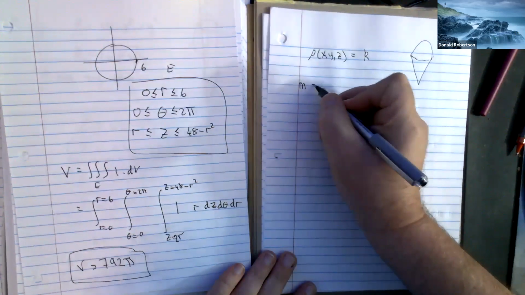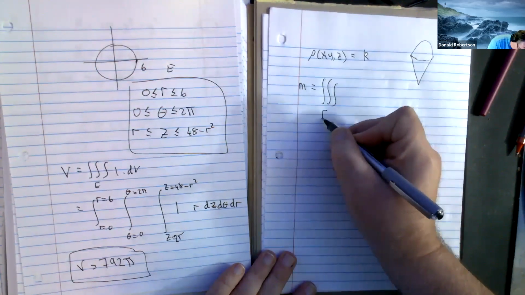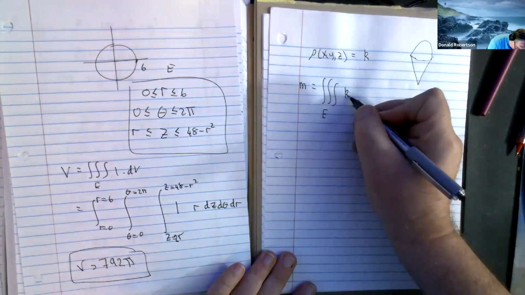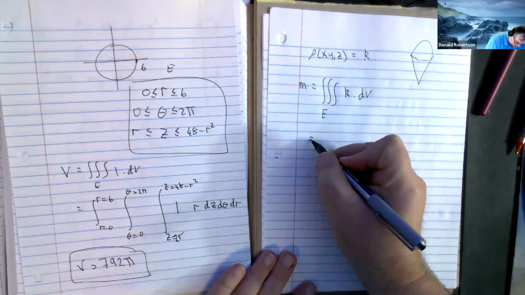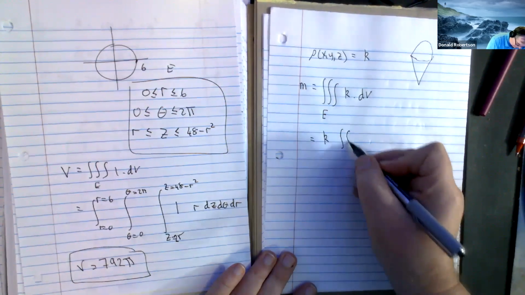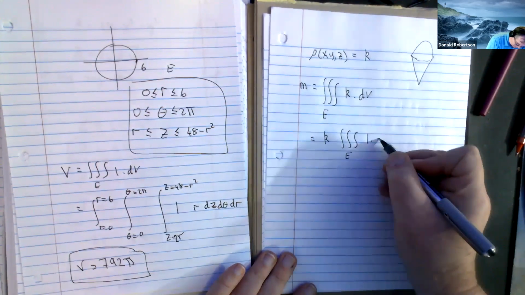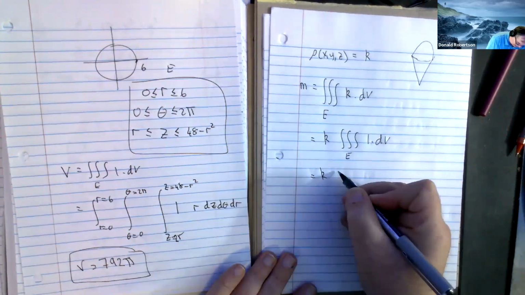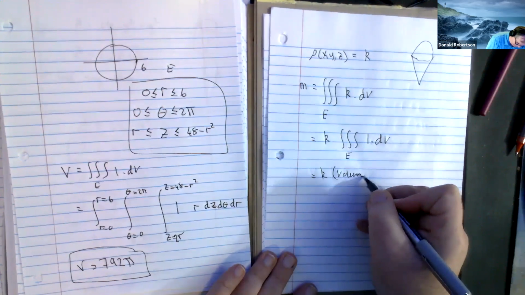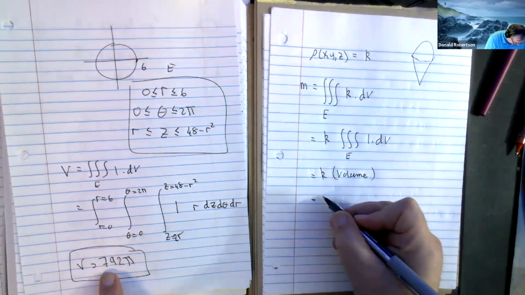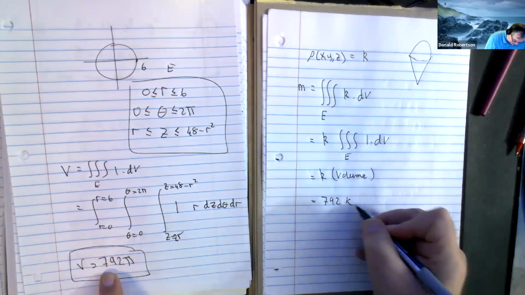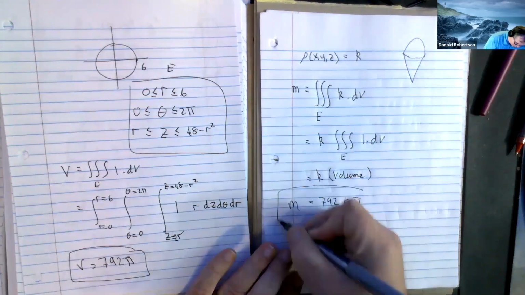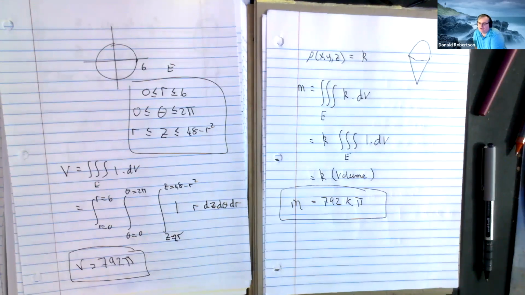So the mass of this object will be the triple integral of E of k dV, which is k times the triple integral of 1 dV, which is basically k times the volume. And since I already know what the volume is, I can cheat and get the mass without any extra work at all, right? So if you know the volume and the shape has a constant density, don't you just take the volume and multiply it by k, the constant density?